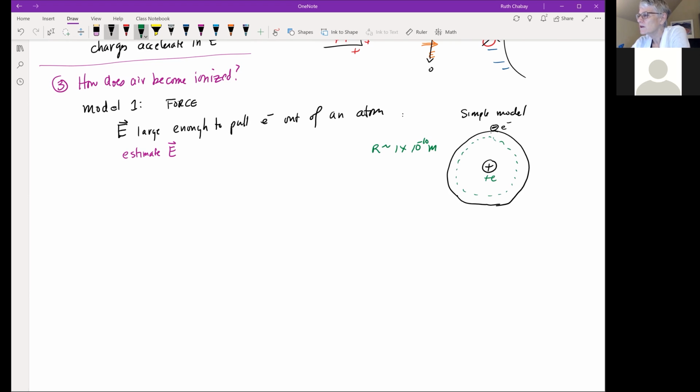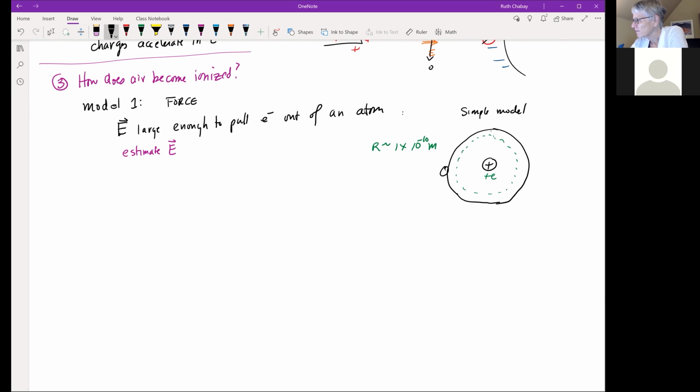And so we make a force argument. Here are our electrons, so that I can do this horizontally.